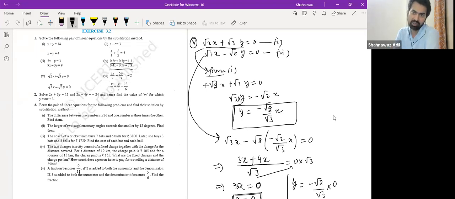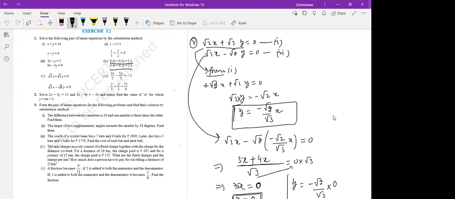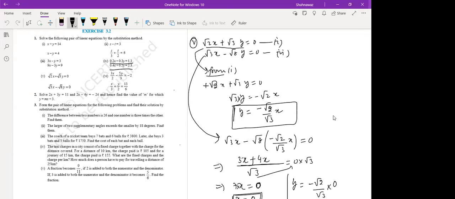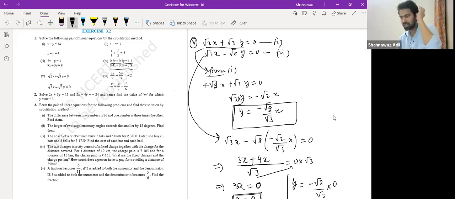You know the graphical solution part, and how we can decide by looking at the algebraic equations whether the lines are parallel, coincident, or intersecting. So you know the concepts of those parts. We'll do the questions at some point later.